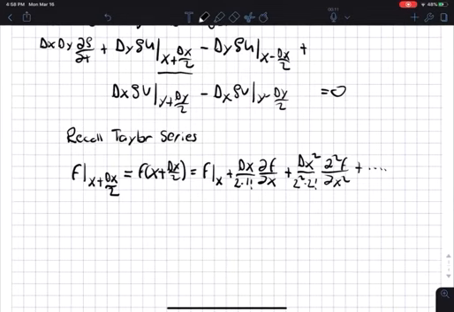So I will just write this as f plus delta x over 2 partial f partial x plus delta x squared over 8 times higher order terms. Okay, so our HOT.